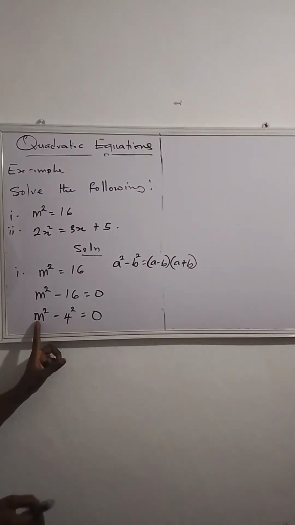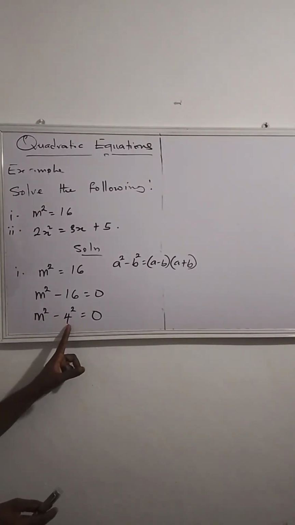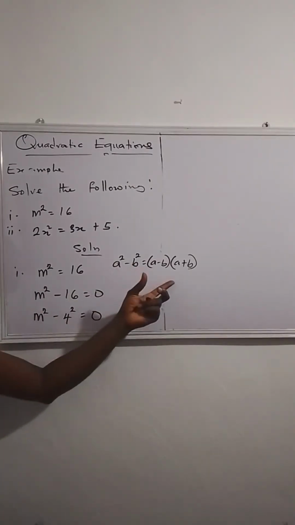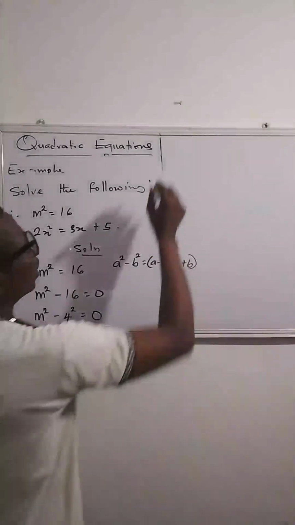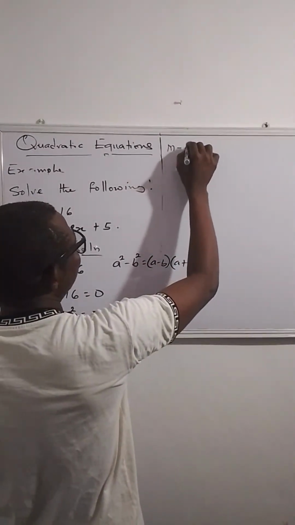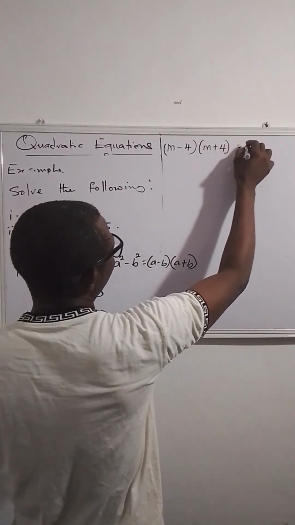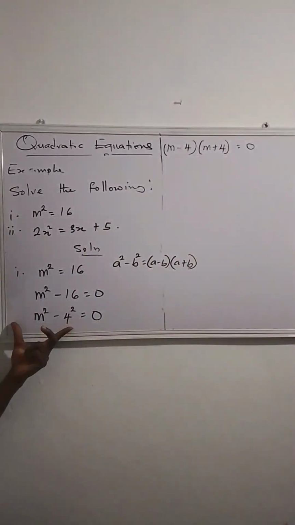So my a is m, while my b is 4. Can we apply that together now? So using this format, I'll have m minus 4 times m plus 4 equals to 0. Hope you get that.